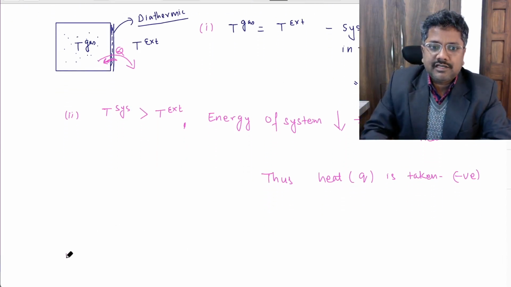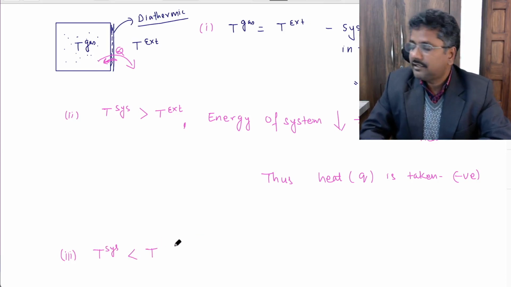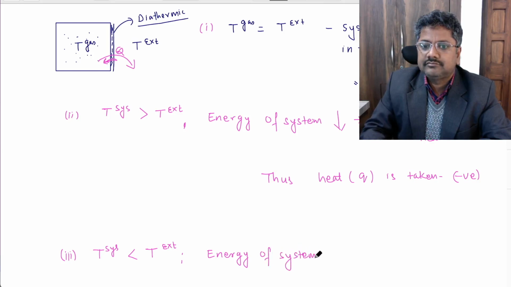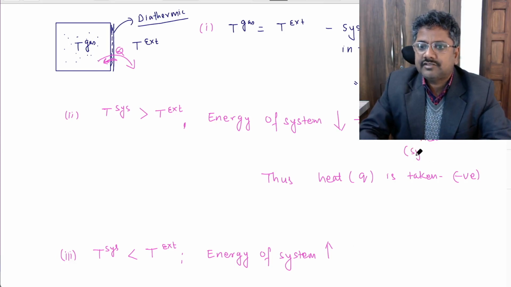Now the third case: if T system is less than T external, the energy of the system increases.